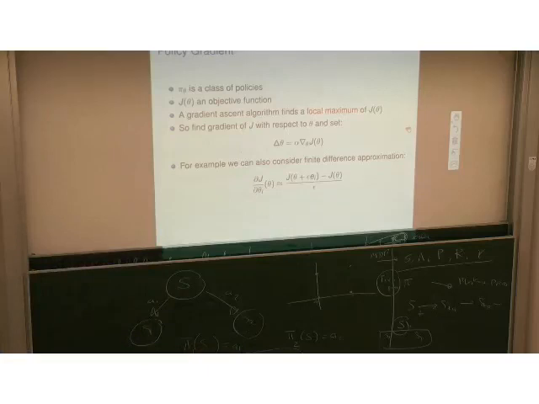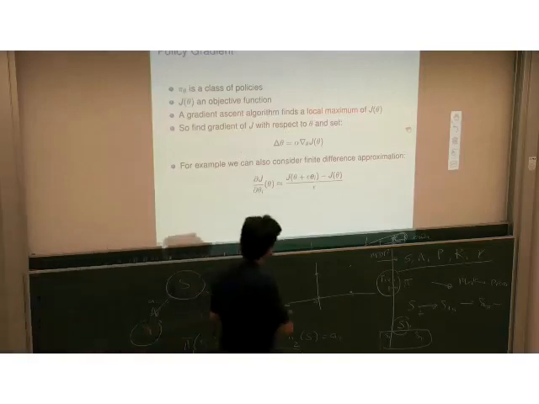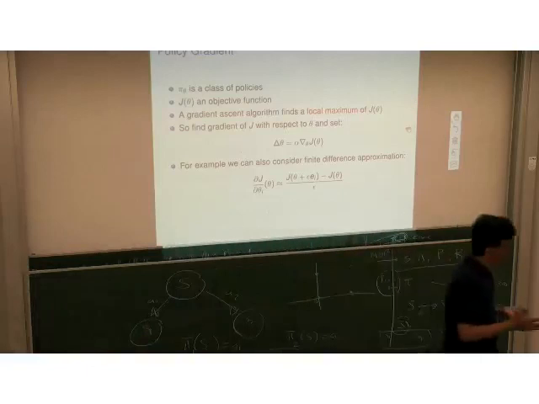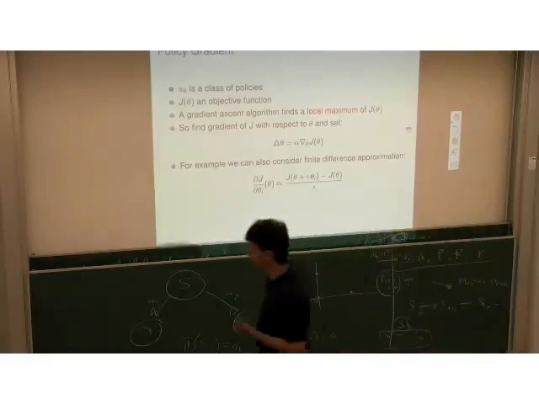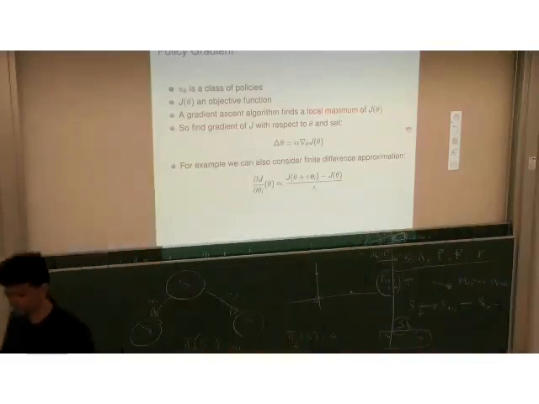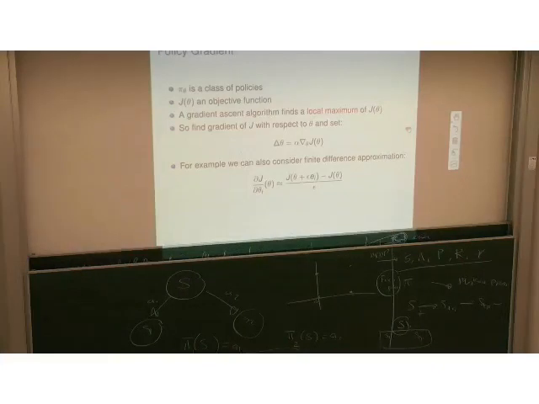So we are going to consider gradient ascent, right? So that's what this is. So you take this. Most of the talk today is about trying to do the policy gradient for one of these J's.